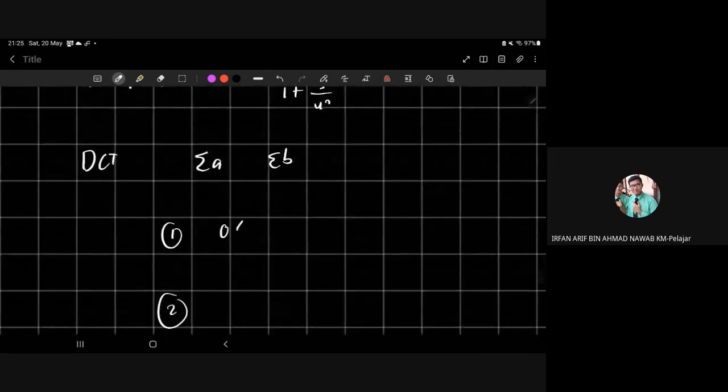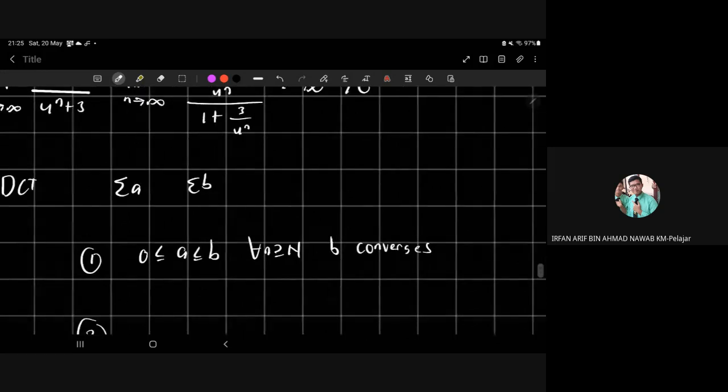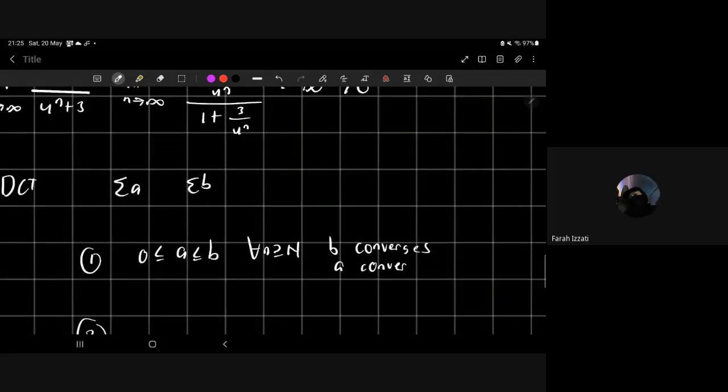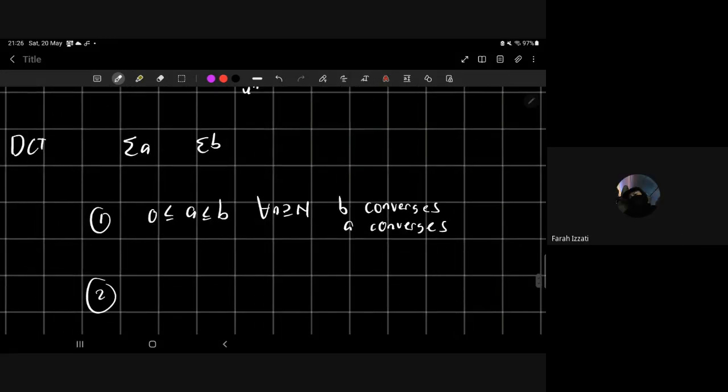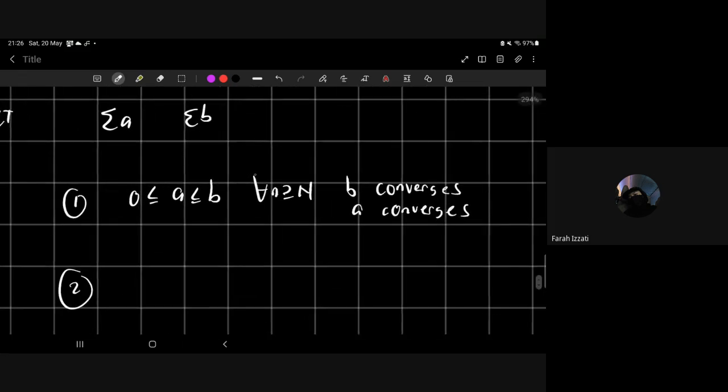So let's say we have A less than or equal to B for all n larger than some number N. This inequality only works if B converges. If B converges, then A converges. So we have to know whether the series B converges first.